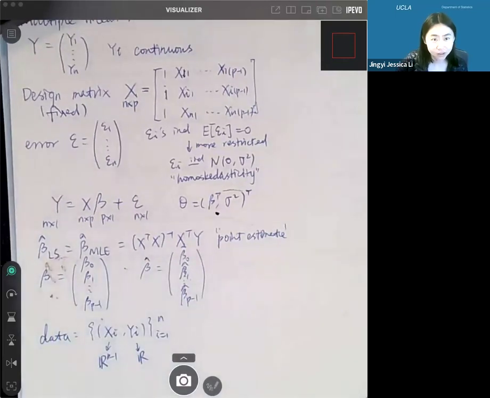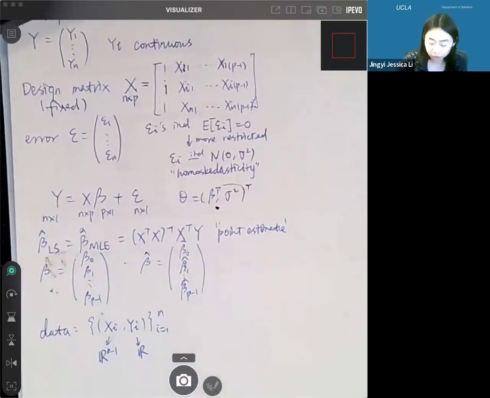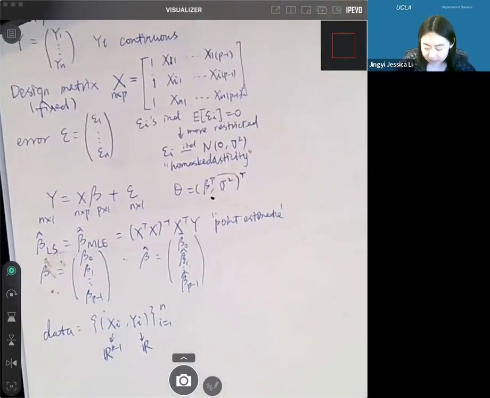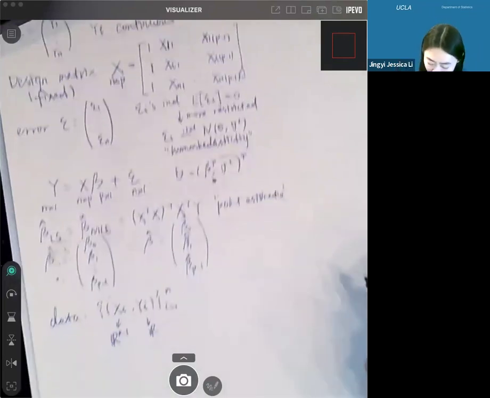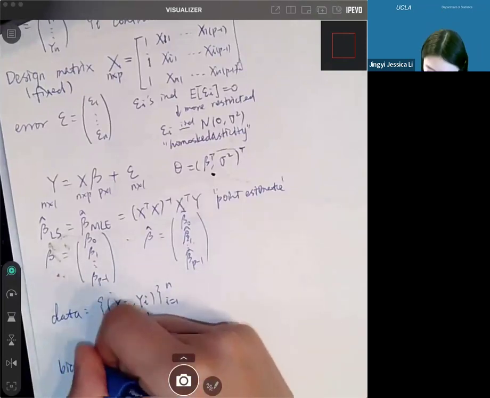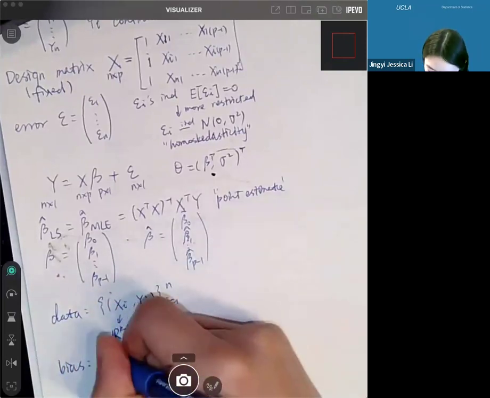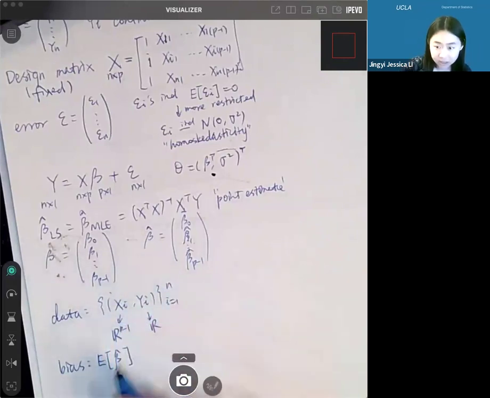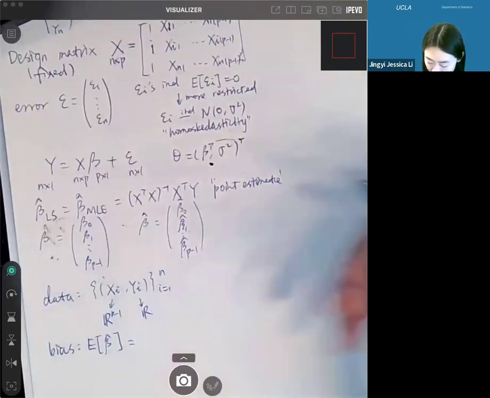That's a question we haven't addressed yet, right? Therefore, in statistics we are always concerned about two things about an estimator, bias and variance. Last time we showed already for bias that the expectation of beta hat LS, or MLE, is just beta.